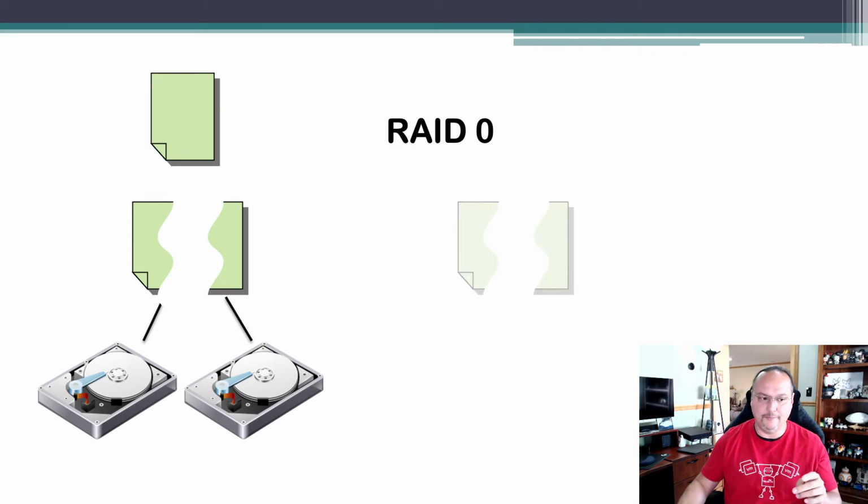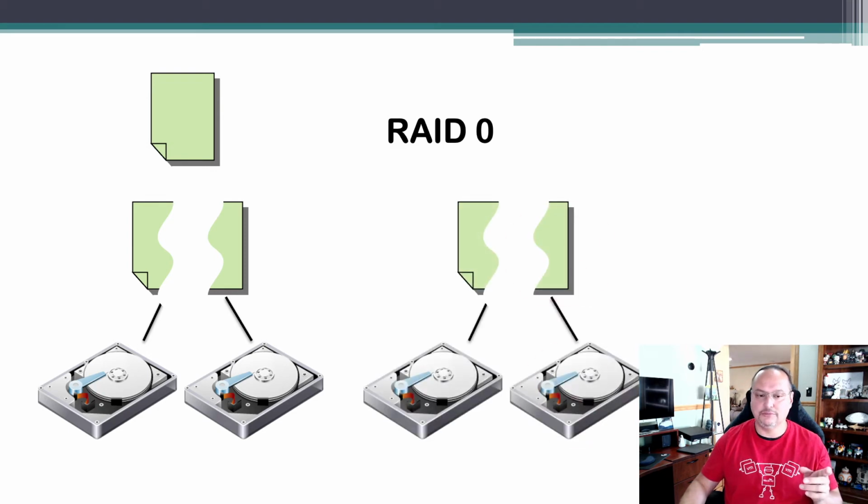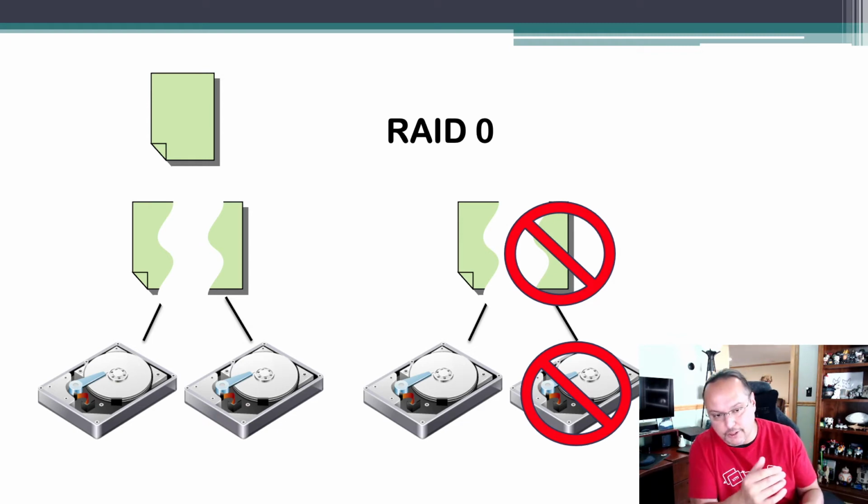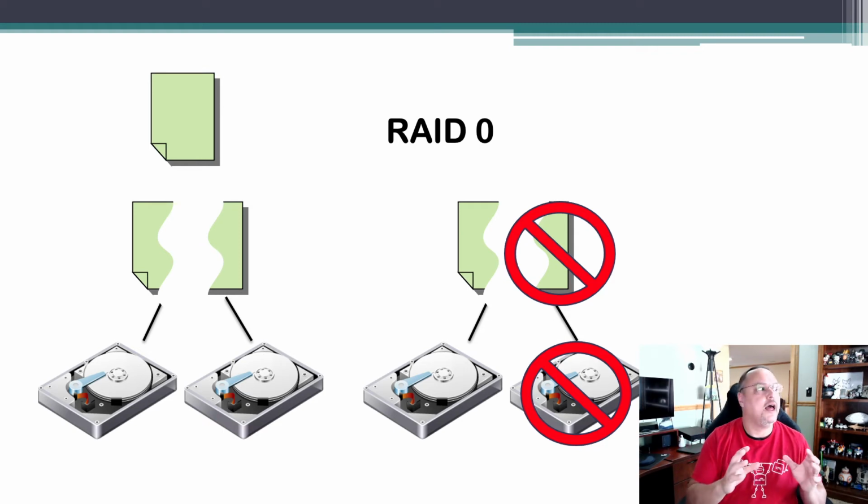There's a downside. I lose one drive, I lose half my data. You lose half your file, well, you're done. You lost all your data at the end of the day. So there's no protection here. What's the value? Performance. I can read and write separate data to both drives. This would be great for scrap data, like processing stuff that I don't care if I lose.